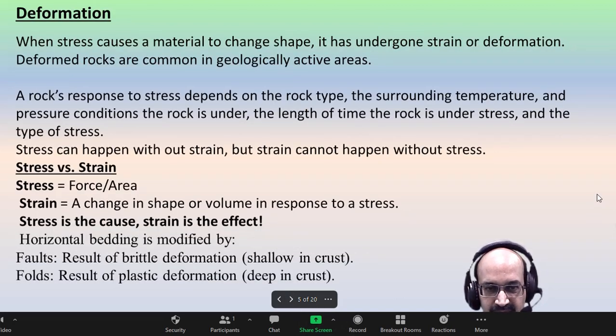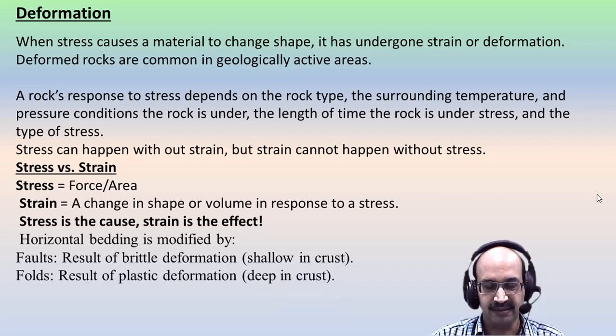Before studying the elements of faults, let us have some background information. Let us revise few concepts of rock deformation. As we all know that stress causes a material to change its shape and volume, and this is called deformation.